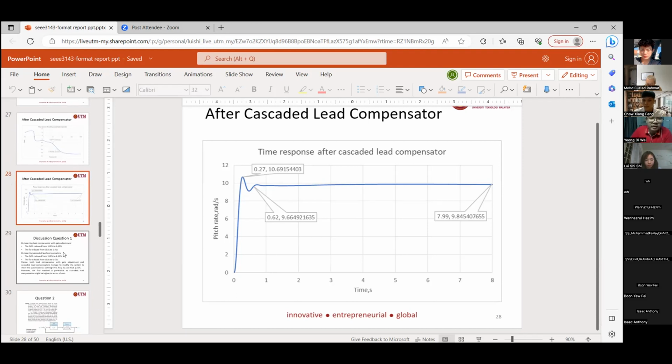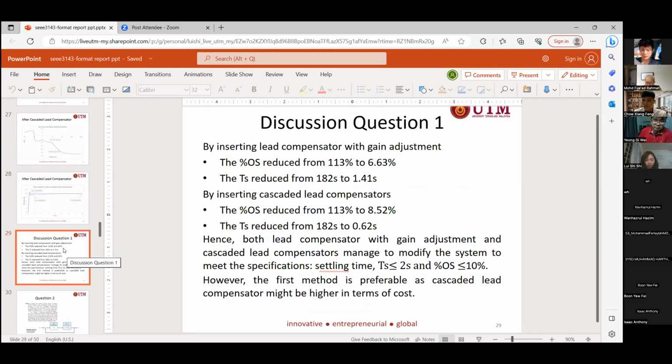Okay, so for discussion question 1, we found that by inserting the lead compensator, we can reduce the overshoot to 6.63, and the settling time is reduced to 1.41. For the cascaded one, it can also reduce the overshoot to 8.52, and the TS is reduced to 0.62.